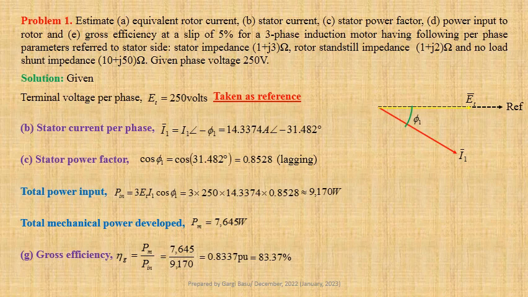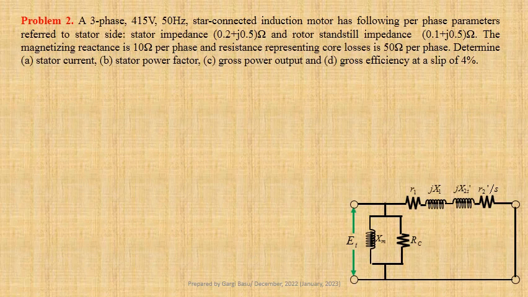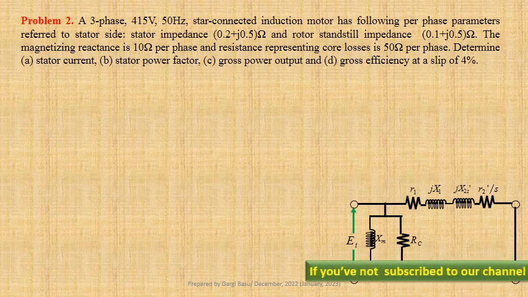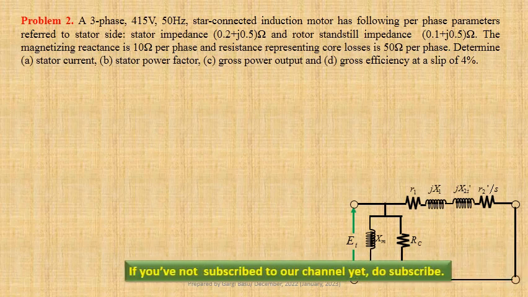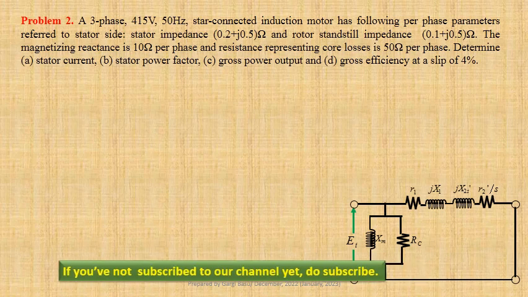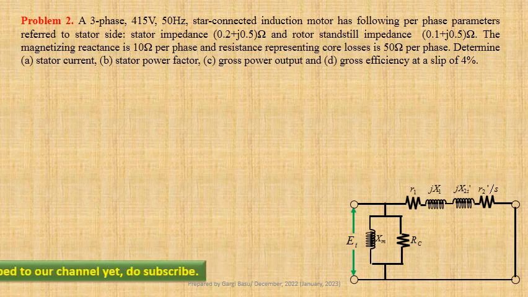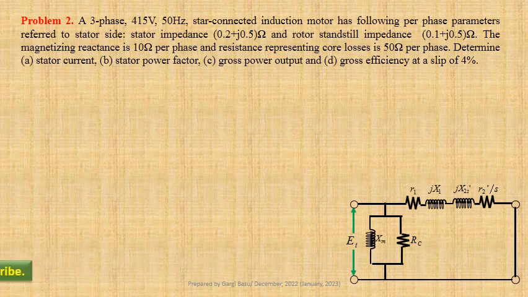A three-phase 415 volts 50 Hz star-connected induction motor has following per phase parameters referred to stator side. Stator impedance 0.2 plus j times 0.5 ohm and rotor standstill impedance 0.1 plus j times 0.5 ohm.